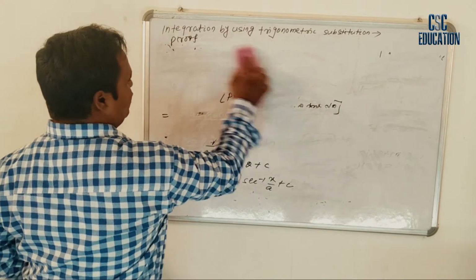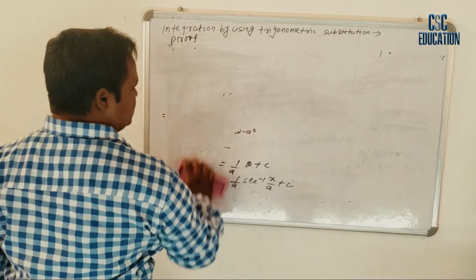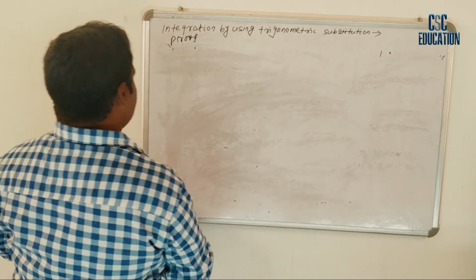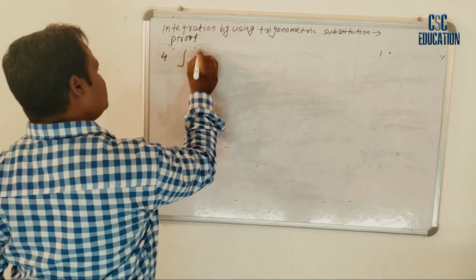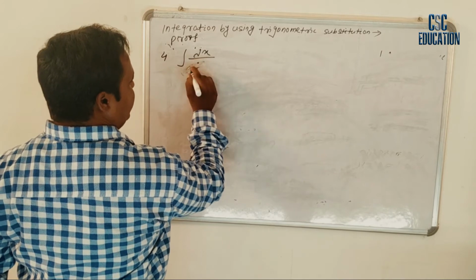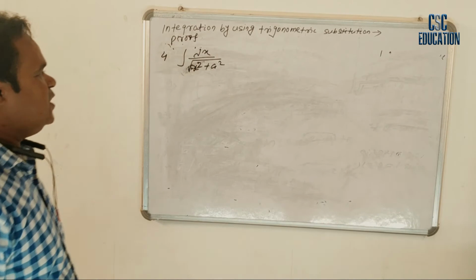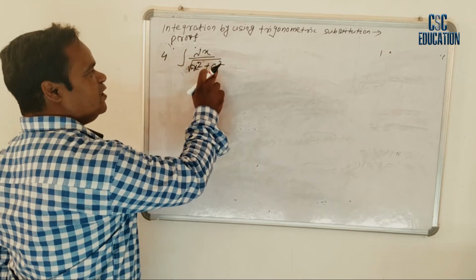Now the proof of formula number 4. That is the most important formula for your board exam related questions. Formula 4: the integration of dx divided by the root over x square plus a square. Here in the root over factor it is in addition format, x square plus a square.